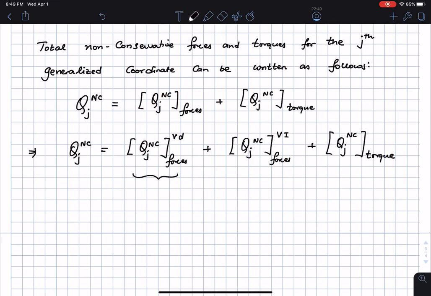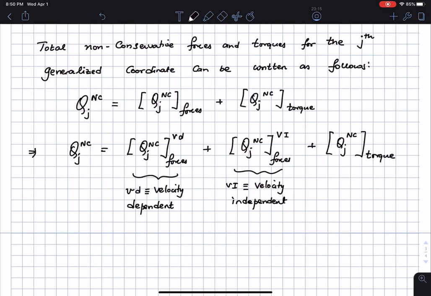Vd means velocity dependent, Vi means velocity independent, and this is the torque.